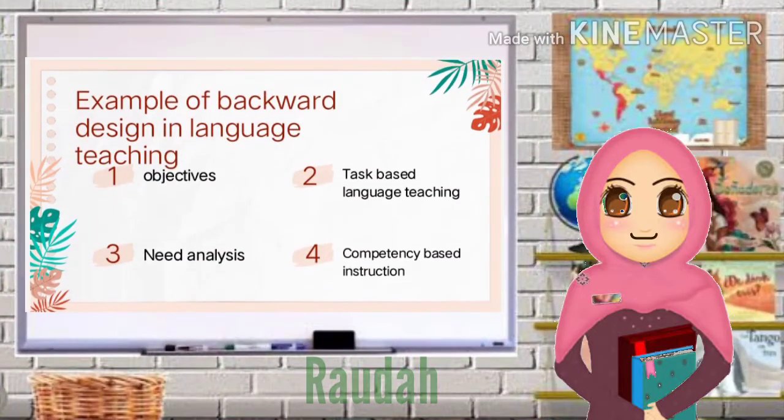Okay, I will explain examples of backward design in language teaching. You can see that there are four examples of backward design. First, objectives, task-based language teaching, needs analysis, and the last one, competence-based instruction. First, objectives, Tyler and Richards 2013.